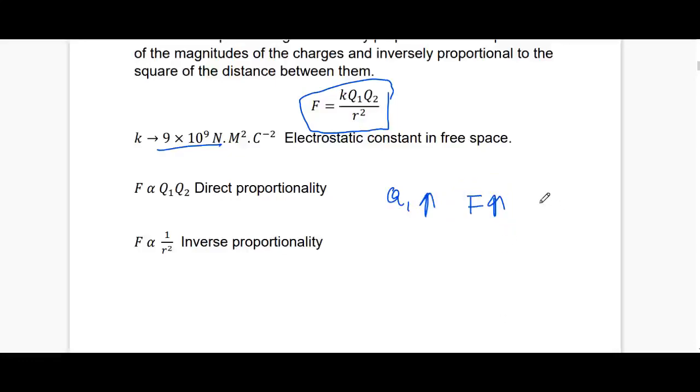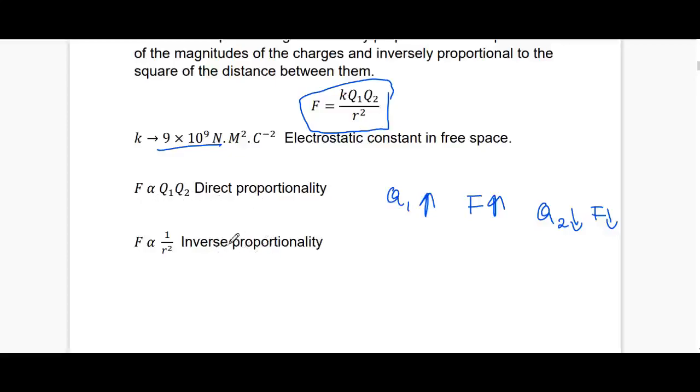And if Q2 decreases, and the distance and Q1 remain the same, then F will decrease as well. If the product increases, F will increase, provided that the distance remains the same.